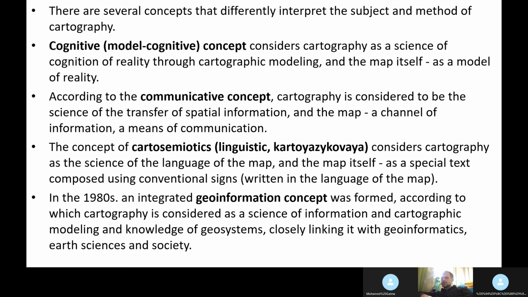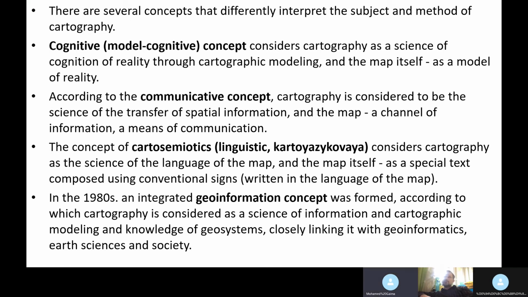This conception was the main one in the Soviet Union and post-Soviet countries, and it's a point of view that gives us understanding that every map is a model, and you can agree with this point of view.